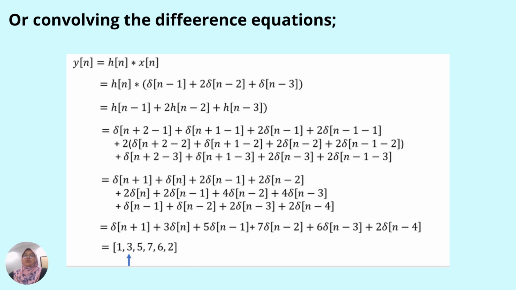Okay, and then you simplify the terms in the parenthesis. Okay, so you have delta n plus 1, delta n, then 2 delta n minus 1, and so on. Okay, and then you do the same thing we did before. So find which plus n is the biggest. Here, n plus 1 is the biggest.